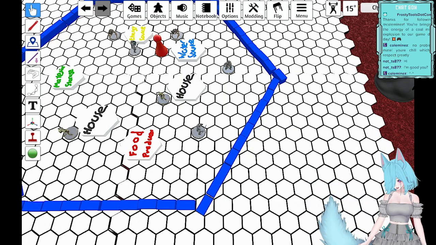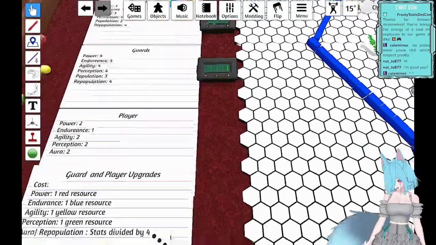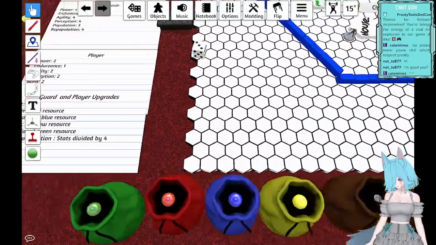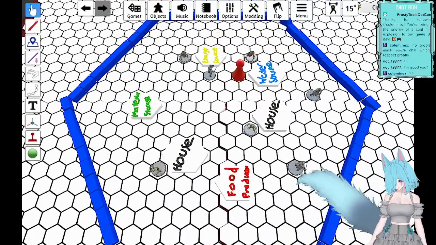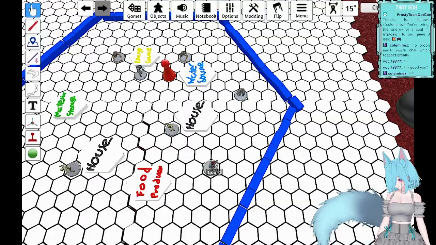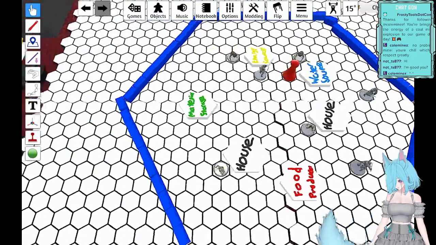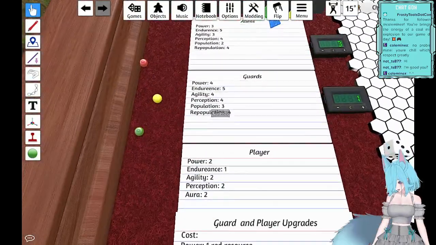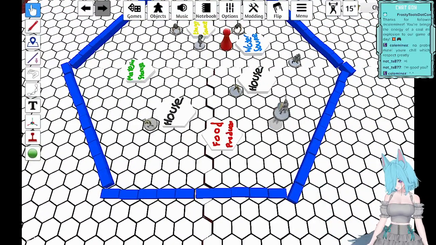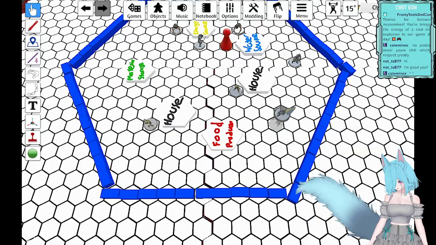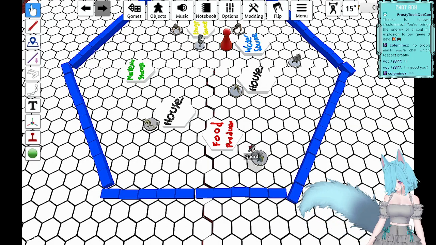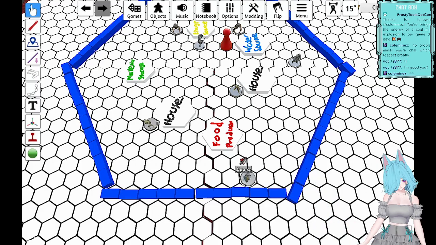So see where he goes. 3. 1, 2, 3. And he is going to move forward. 1, 2, 3, 4.